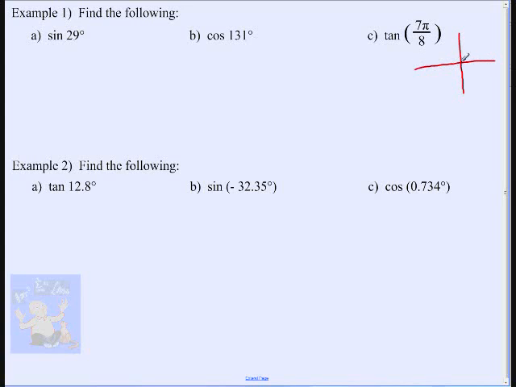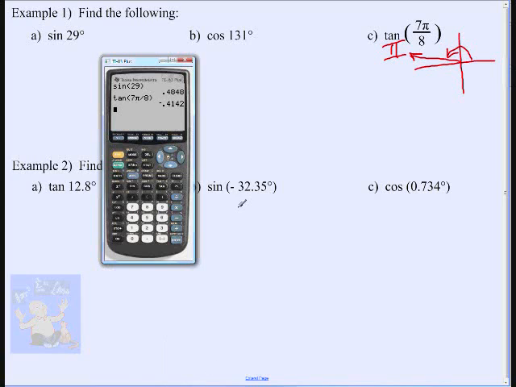This would be 8 pi over 8. This angle we're talking about here is about like that, which puts it into the second quadrant. Which two are positive in the second quadrant? Not tangent, right? So we expect that tangent in that quadrant is going to be negative, and it is.